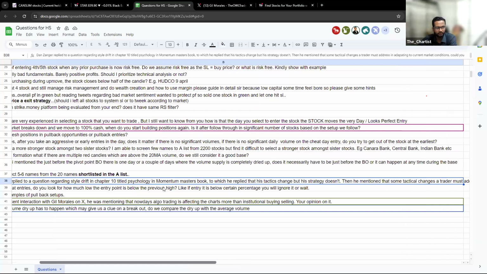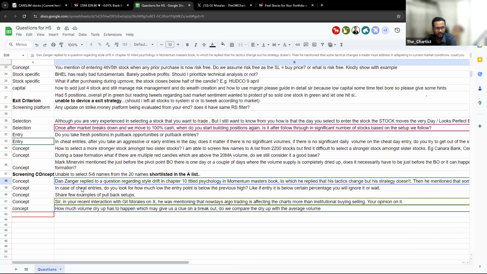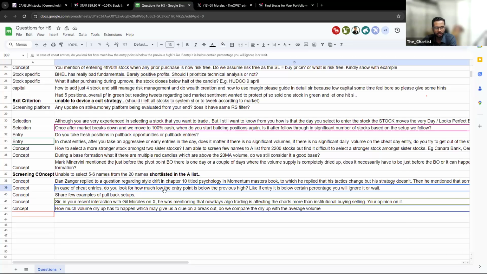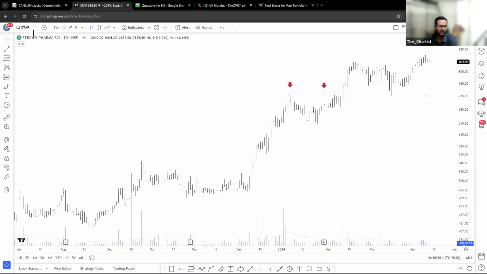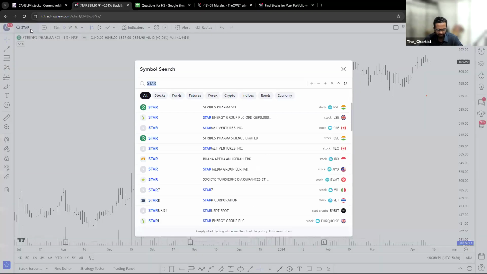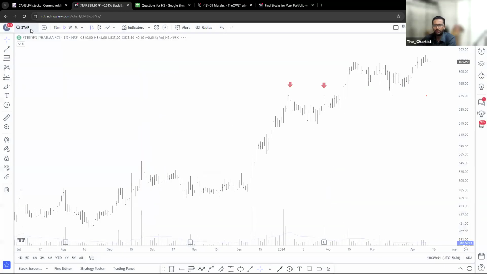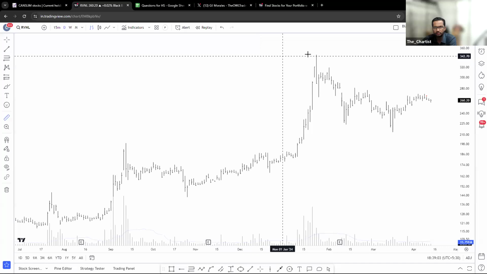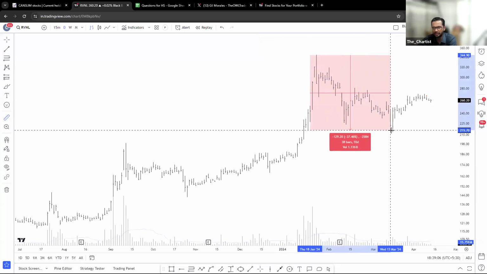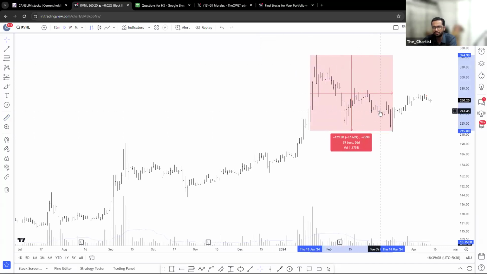In case of cheat entry, do you look for how much lower the entry point is below the previous high? Yes. So if the correction in a stock is too deep, see, I don't want to trade Ircon actually. I traded it, but I don't want to trade these names as of now. This correction is roughly 36, 37%.